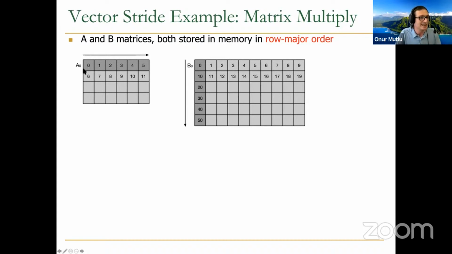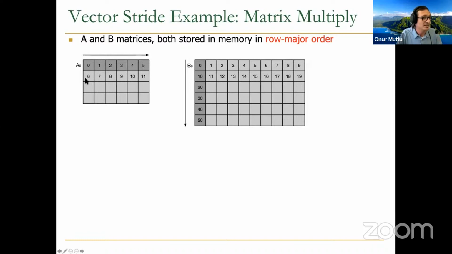So if you look at here, this is one matrix. A0 is row 0. You can see that row 0 has 6 elements, and they're in consecutive locations in memory. So for example, this element is at base address plus 0 word address, this element has base address plus 1, this one is at base address plus 2, base address plus 3, and then you store the next row in the next element, 6 over here.